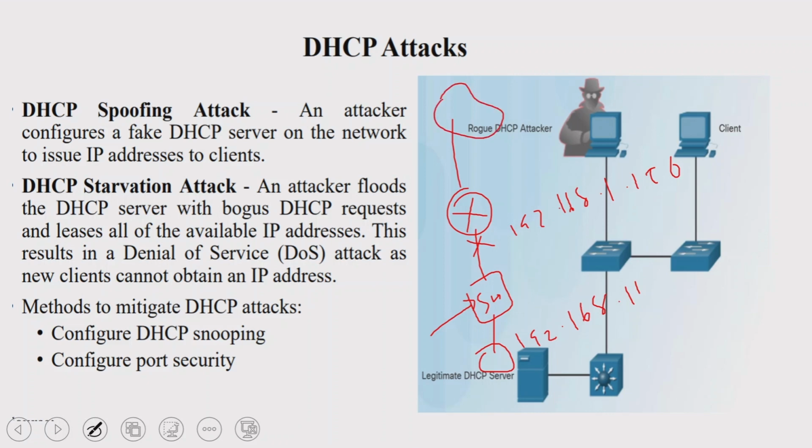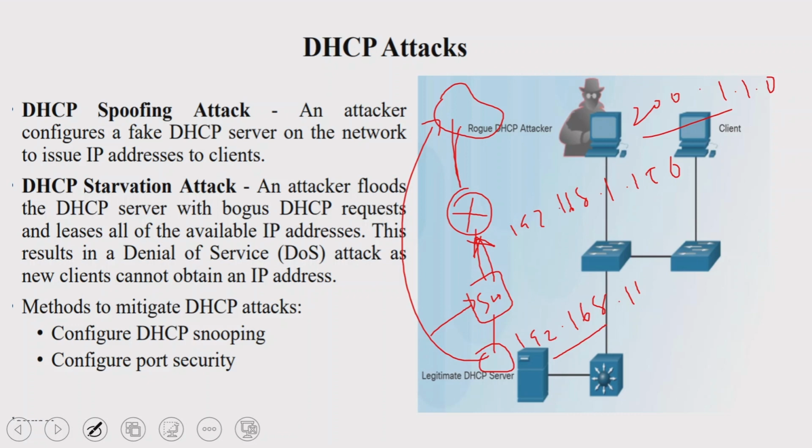Now see what is happening. Let this attacker's series be something like the 200.1.1.0 series. Now what will happen is, if you get an IP address from the 192.168 series, the user can connect to the internet, because traffic will go through your router interface to the ISP, and then you will get the internet.